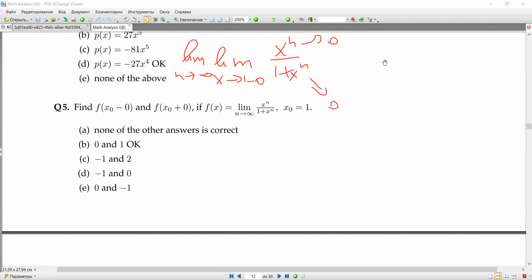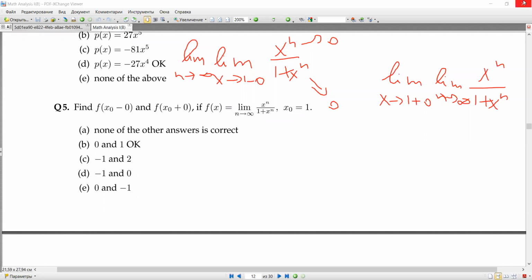Then the limit as x tends to 1 plus, limit as n tends to infinity, here we have n. So xn divided by 1 plus xn. Where does it tend now? It tends to 1 because x to the power n now tends to infinity.